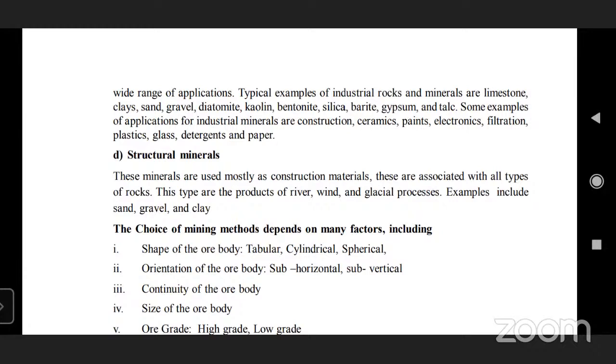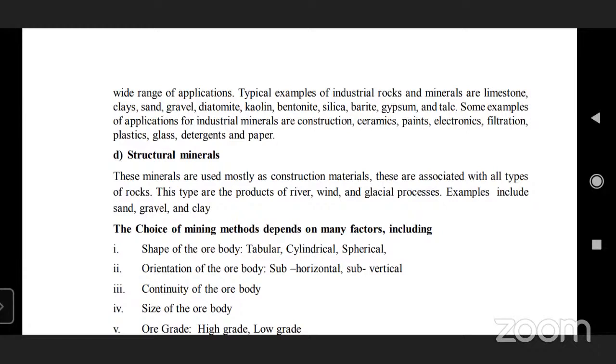These minerals are used as raw materials, as additives, and as other ingredients in different industries. So the range of application varies quite a lot for these geological materials.